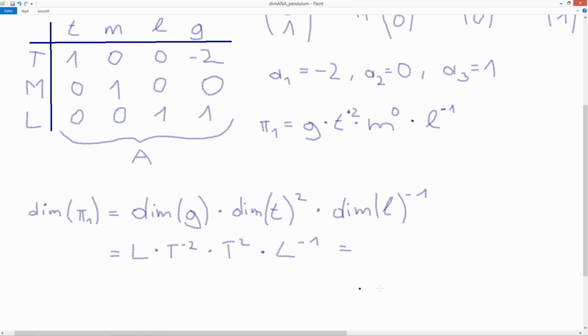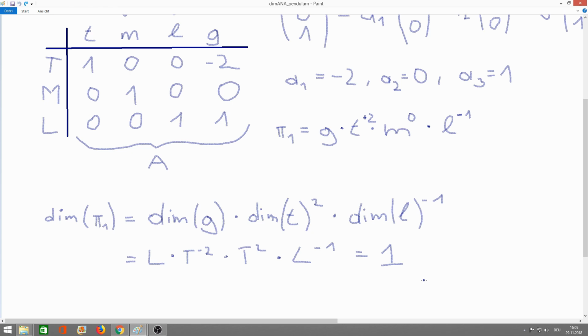And this here is equal to 1. So this means the pi factor pi1 doesn't have a dimension, so it's dimensionless. This should always be the case. So every pi factor you calculate should be dimensionless.